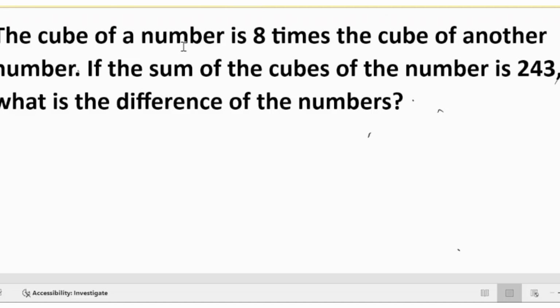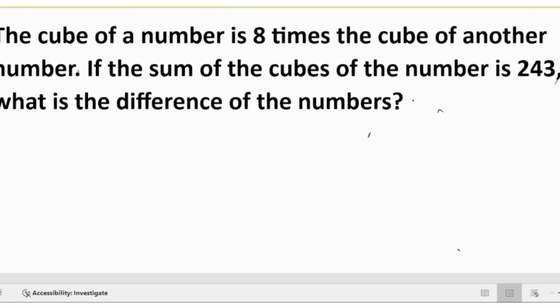Our first equation should come from the first sentence, which reads, the cube of a number is 8 times the cube of another number. Full stop, up to that point. So we need these two numbers.